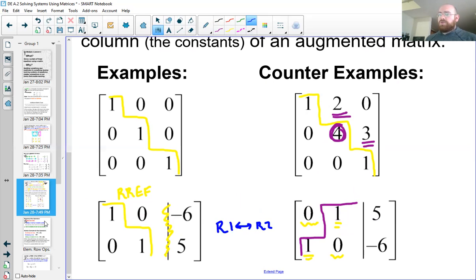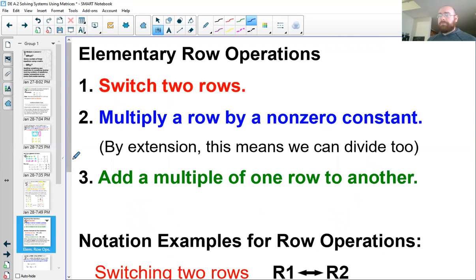In addition to reduced row echelon form, we need to discuss the tools that allow us to get there. Switching two rows is the first rule. We use a double pointed arrow to represent the two rows that we're switching.